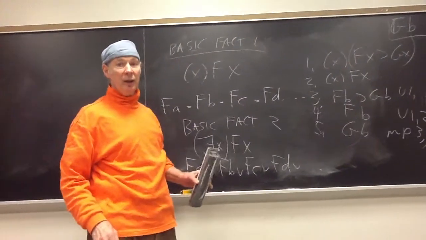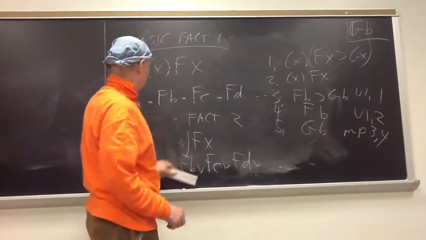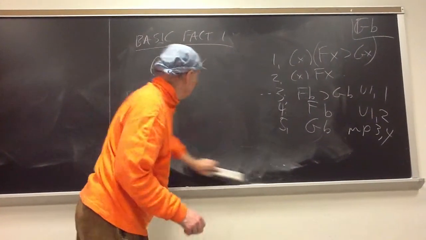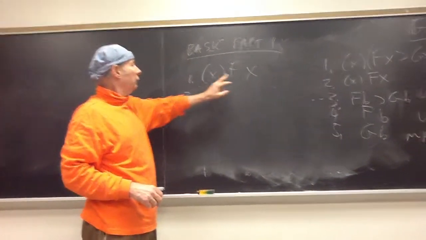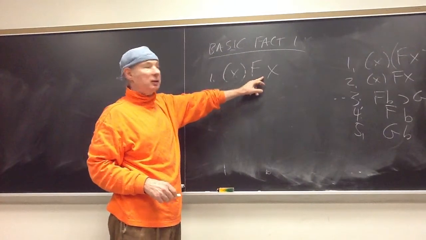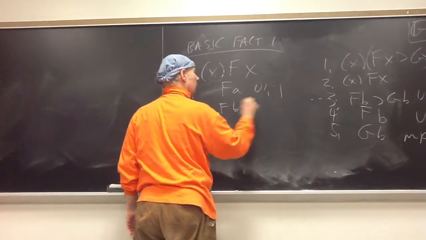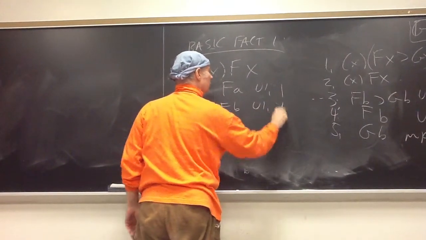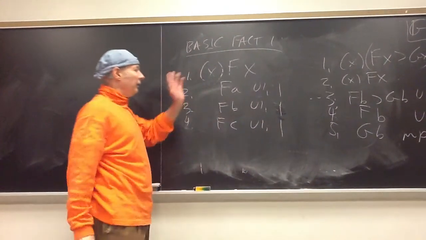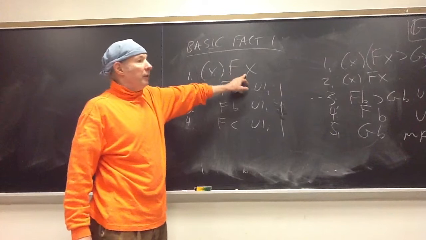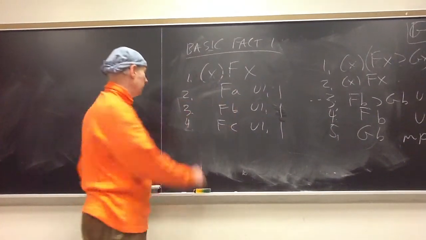Universal instantiation is very easy to use. When I want to drop this quantifier, I can replace x by the name of any object in the universe. If I don't want to replace the variable by a name, I can keep it as a variable.